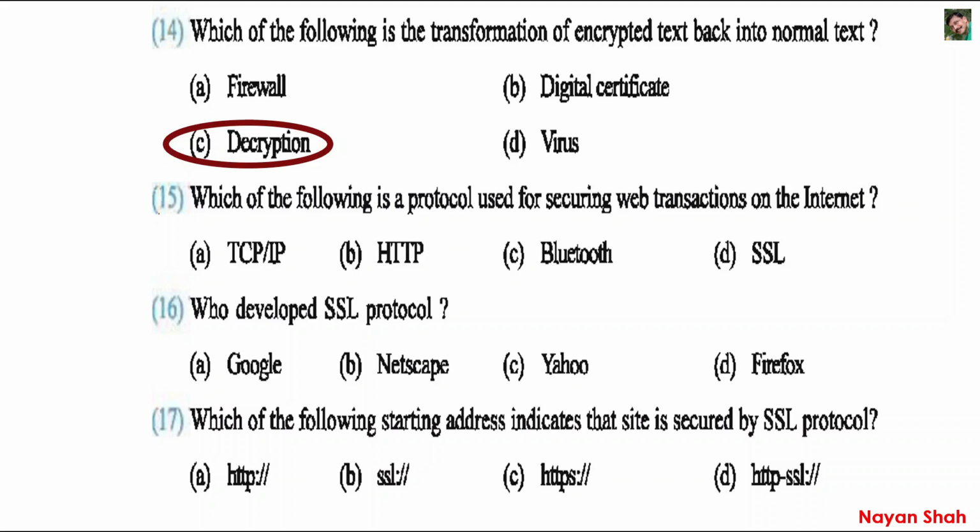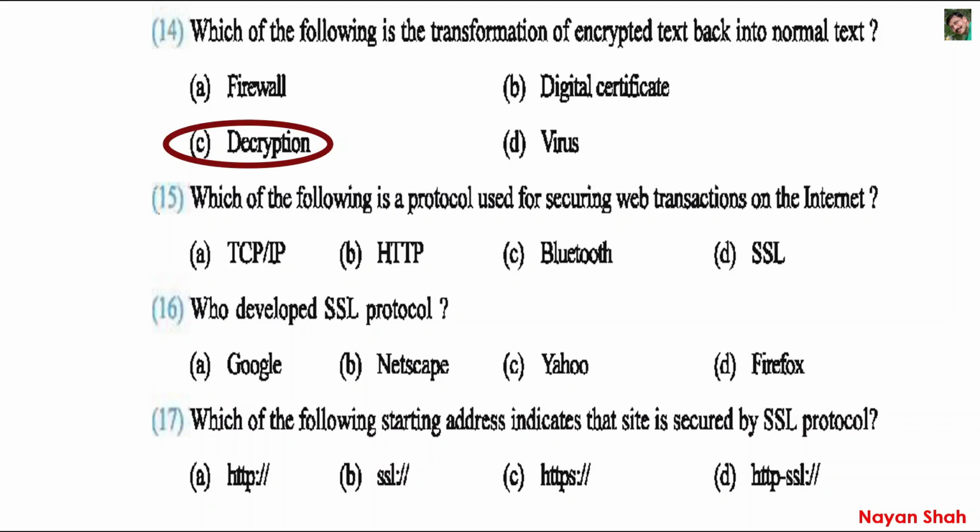And let me tell you one thing quickly, the combination of these two, that is encryption and decryption together, is called cryptography. And cryptography uses a key to encrypt the message, and the same key is used for decrypting the message, that is called a private key.